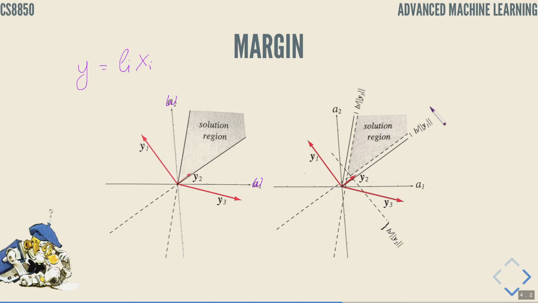So for example, from one of our previous examples, if this is a separating hyperplane and our points, the y points, or label times x, ended up here, but we have a margin, we don't want these points to be too close, so we will shift our hyperplane over here.